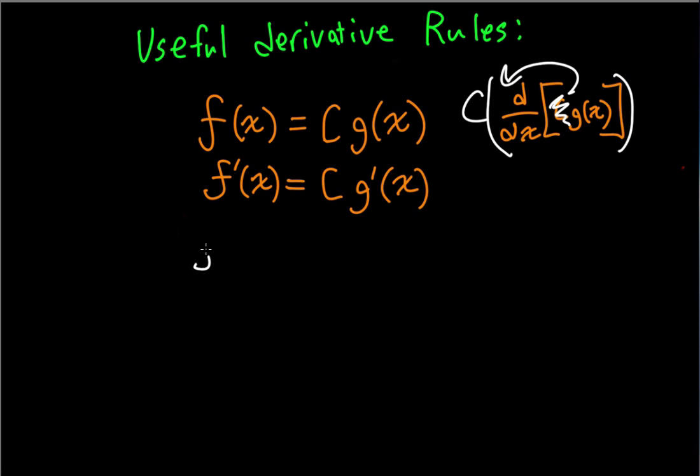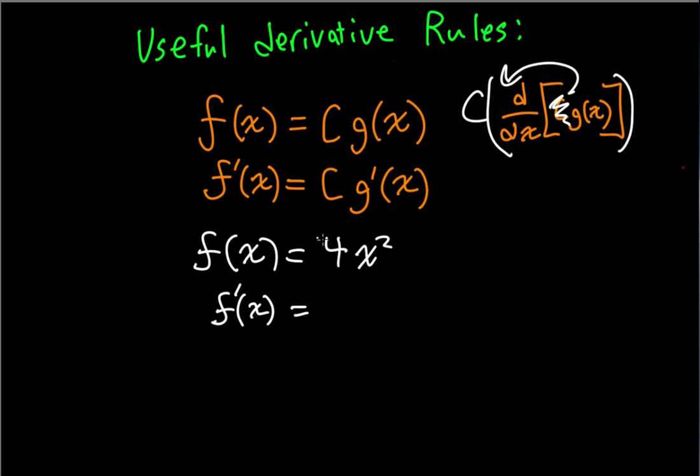We have, let's say, f of x is equal to, what should we do for this one? How about 4x squared? All right, so we can just separate this 4 out. So if we're taking f prime of x, I'm going to use the interesting notation again.